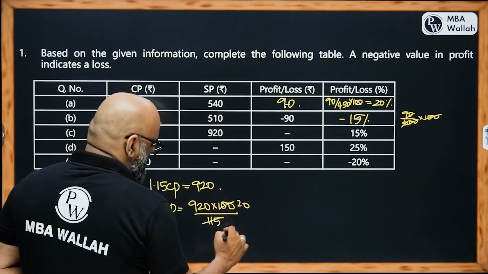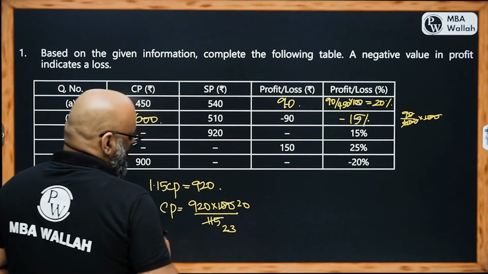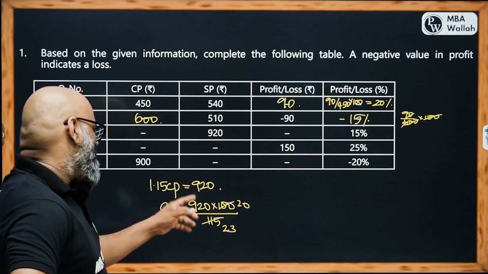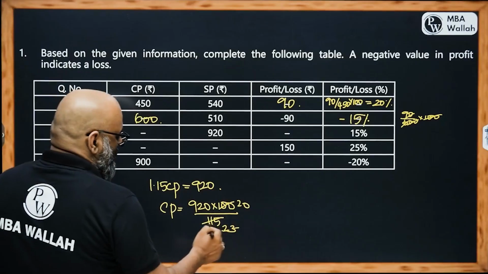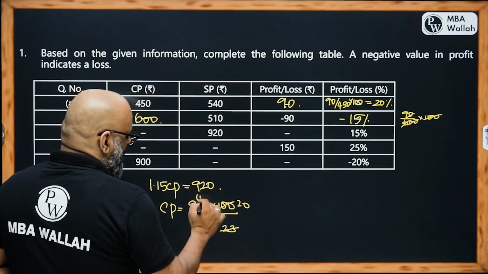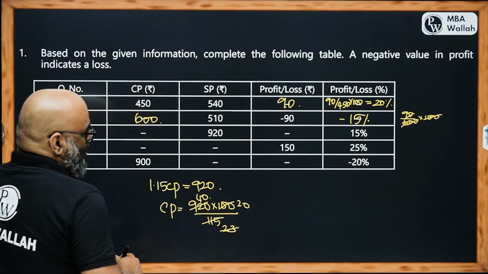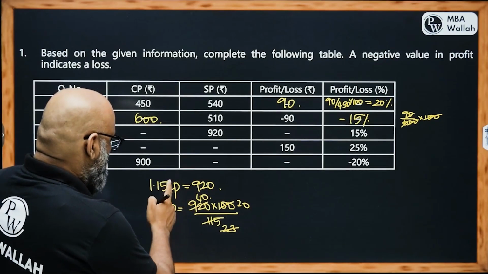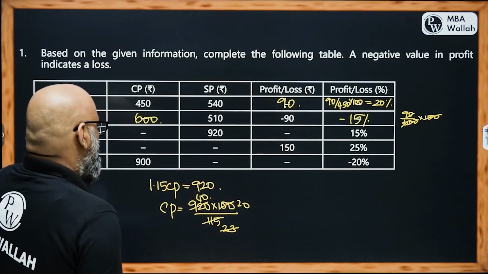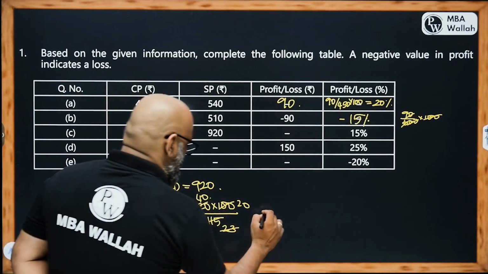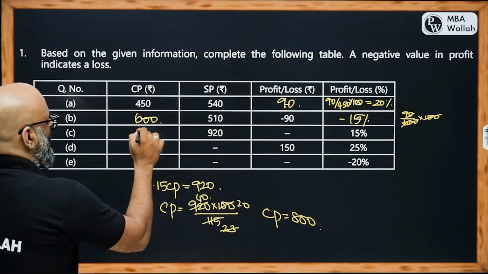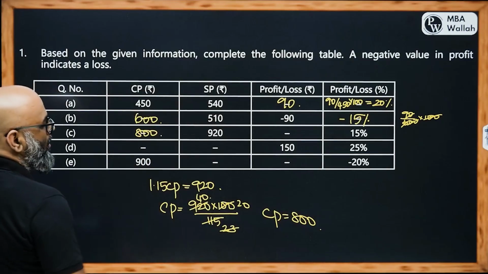This is 20 times, this is 23 times. 23 into 2 is 46, 46 into 2 is 92. This will go 40 times. So your cost price is 40 into 20, that will be 800.